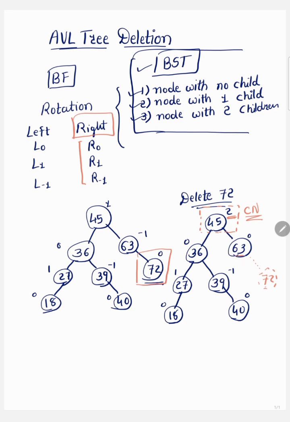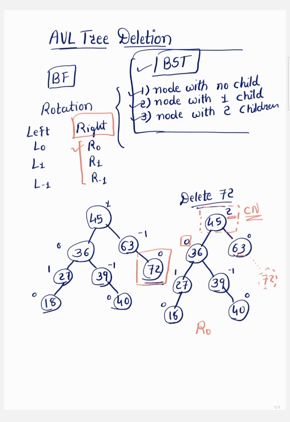Here 36 is the left child, and 36's balance factor is 0. That gives me the confirmation that it would be an R0 rotation. So here we come to this decision that I need to do R0 rotation. I hope you understood how we get that it's an R0 rotation.